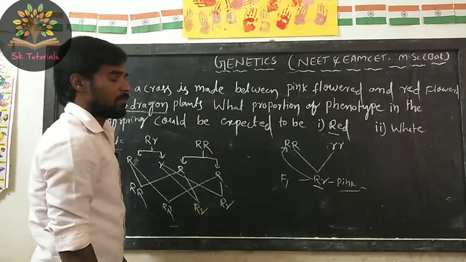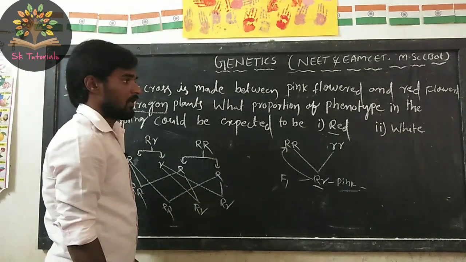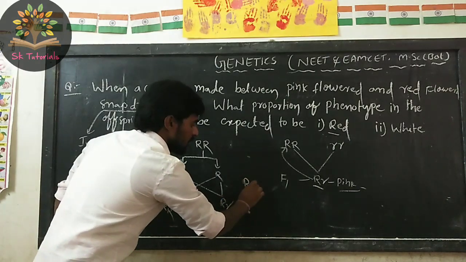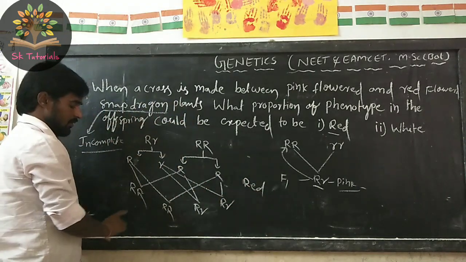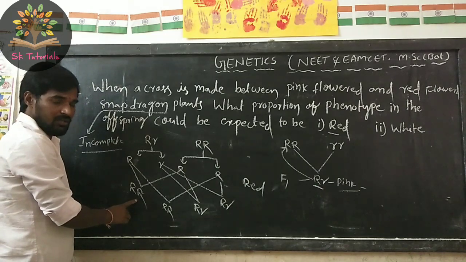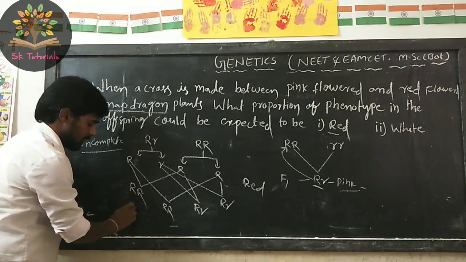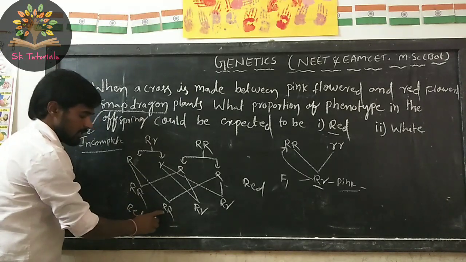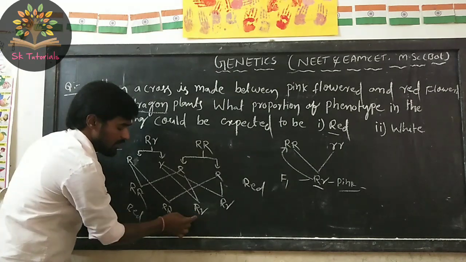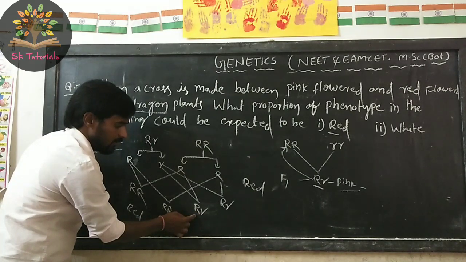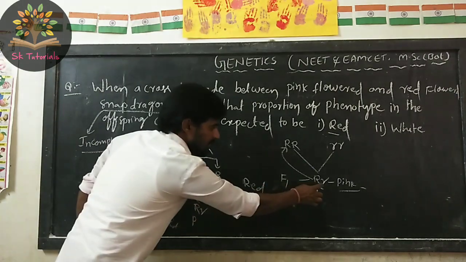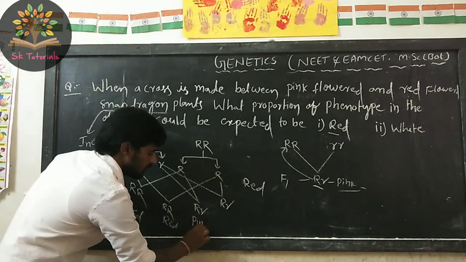What is the question? What is the phenotype proportion of red and white? What is the red phenotype proportion? Red or white? This is a pink. Capital or small, what is that? Pink.